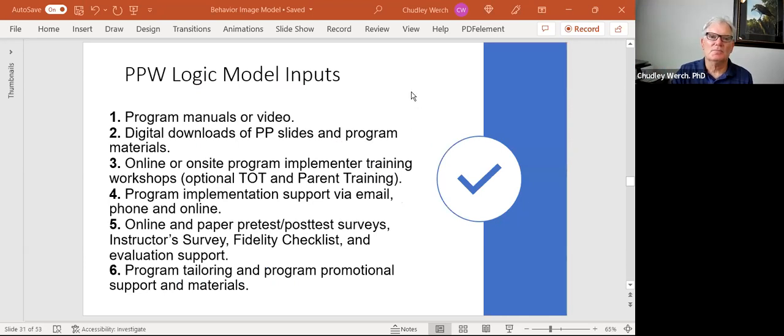So let's take a look at the inputs. What's involved in initiating the PPW programs? Number one, you have a program manual, or in one case, the sport program, we actually have one program in a video format. Most of our programs come with a digital download, PowerPoint slides, and all of the program materials. These are all things you need to initiate the program.